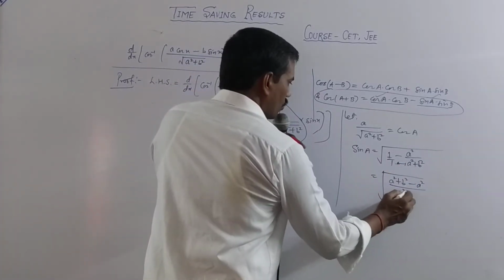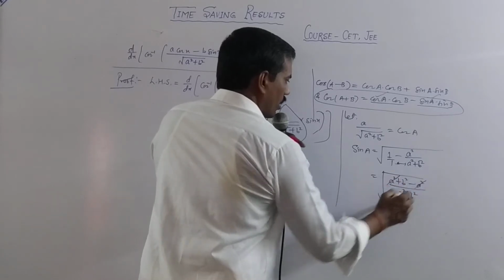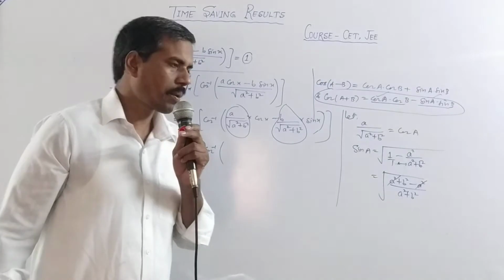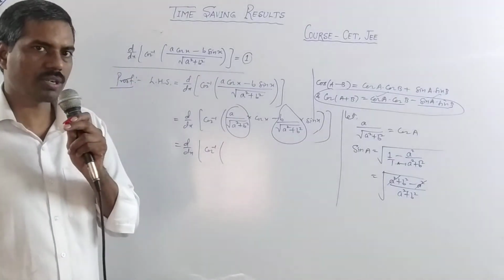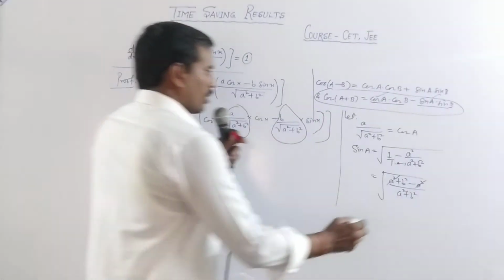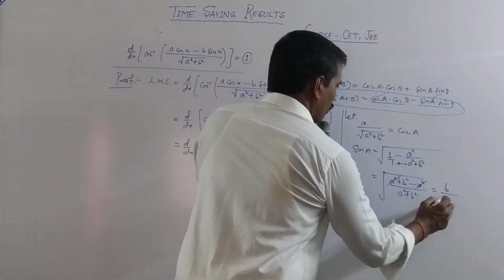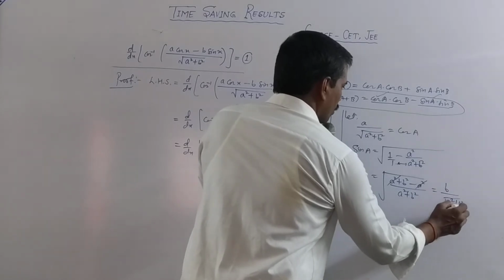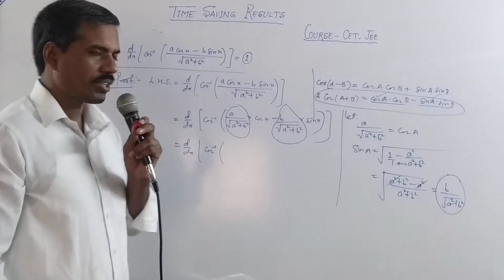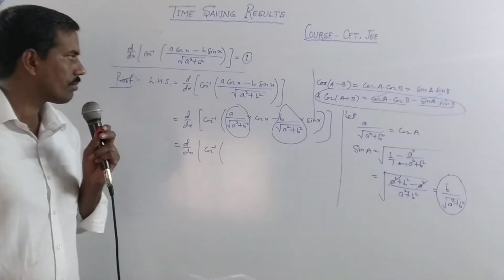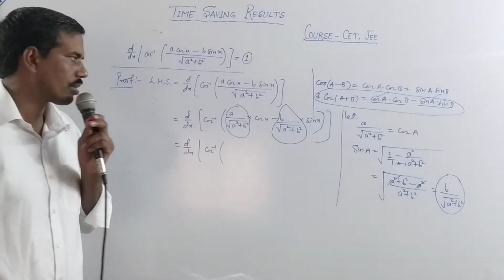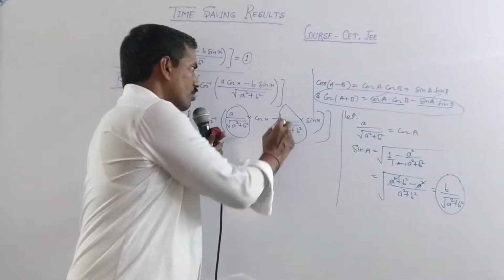The a square and a square get cancelled, b square is remaining, and the square root of b square is b, so we get b upon under root of a square plus b square, and this one is matching. So if cos A is equal to a upon under root a square plus b square, then this is equal to sin A.